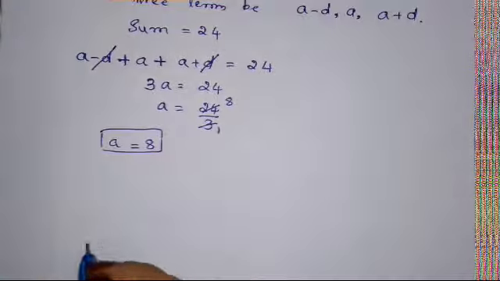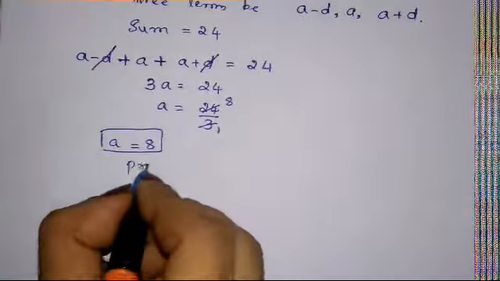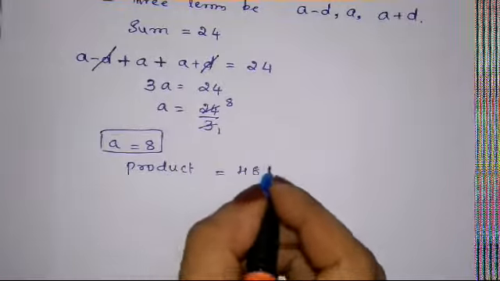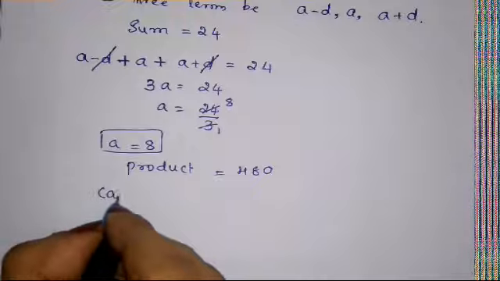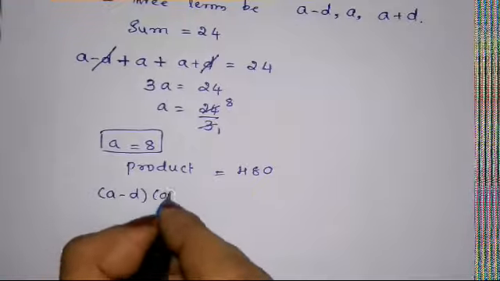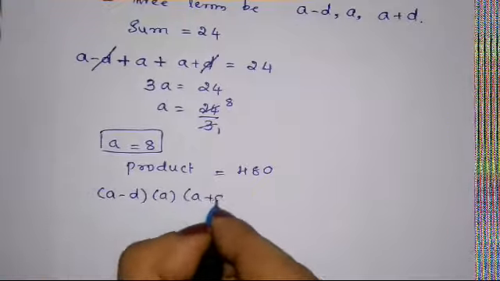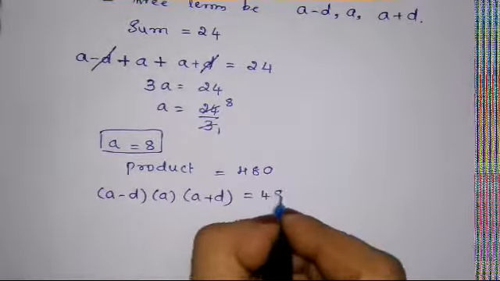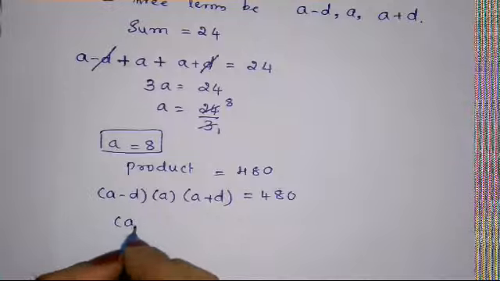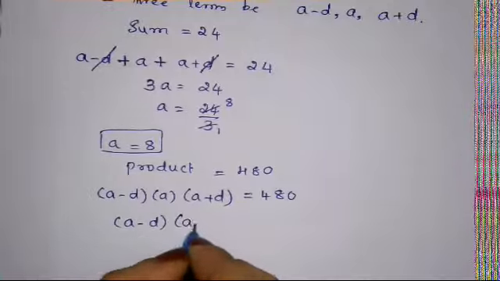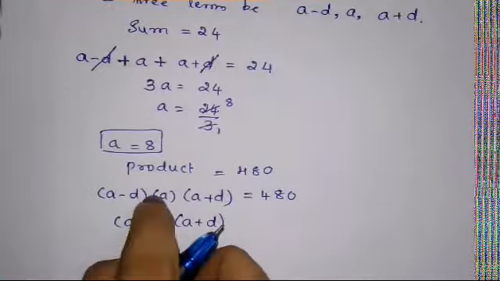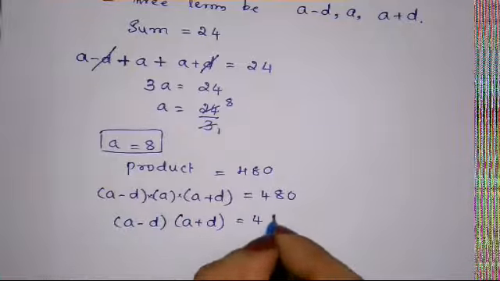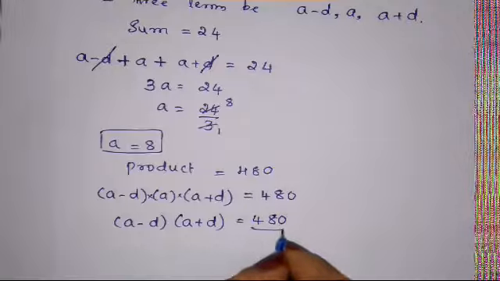Now they have told the product of three terms is 480. Product: A minus D into A into A plus D is 480. A minus D and A plus D we will bring near. This A is in multiply position, so if we bring it to this side it becomes divide.